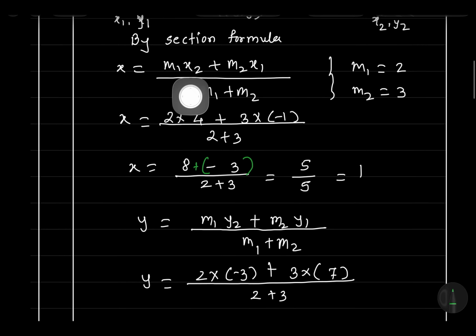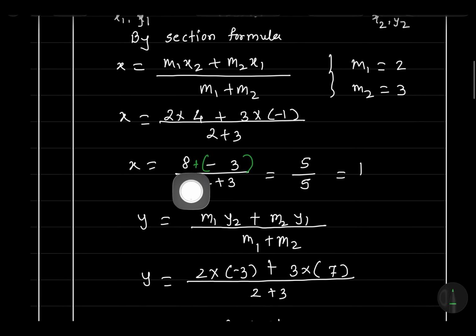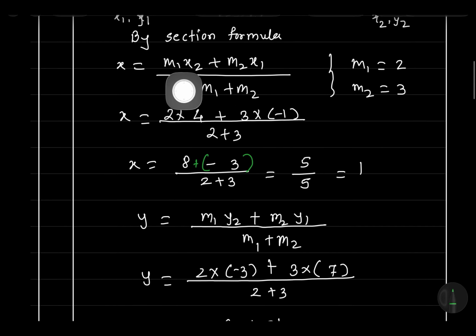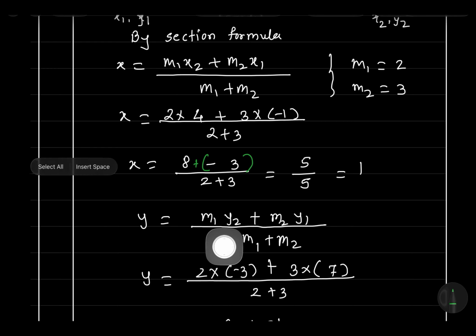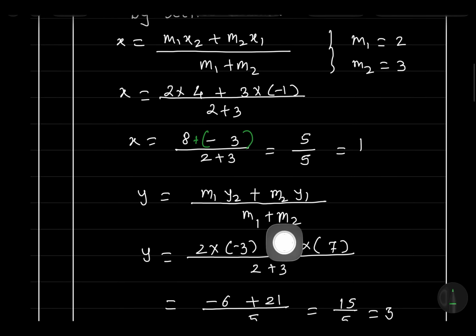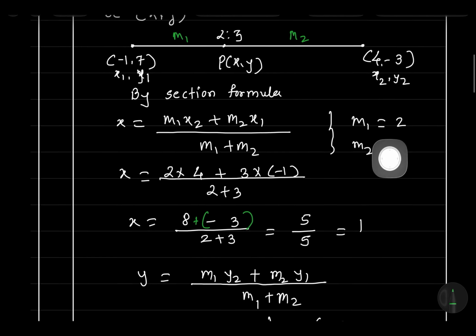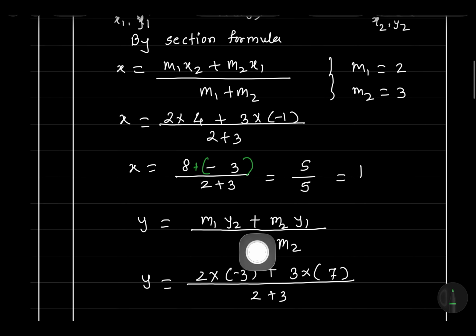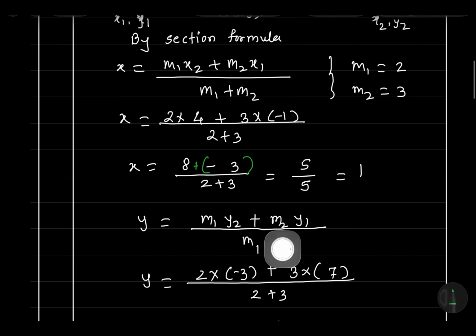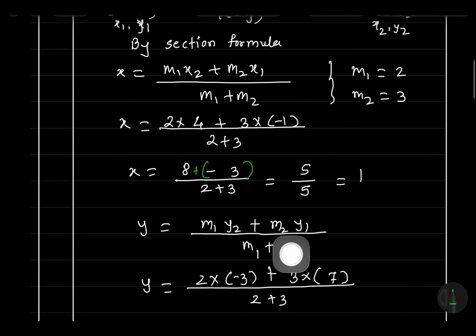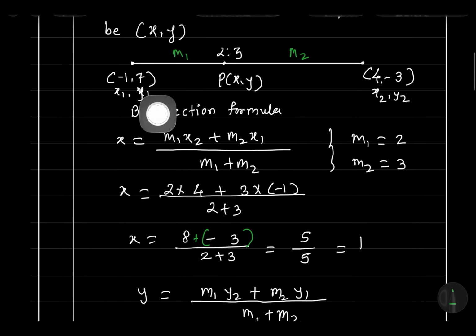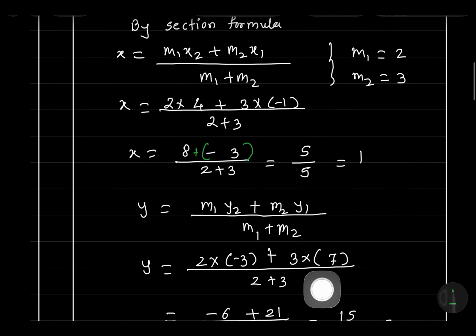Then the same way we have to find y. Here we were finding x, now y we have to find. So y equals (m1 y2 plus m2 y1) upon (m1 plus m2). m1 is 2 into y2, which is -3, plus m2 which is 3 into y1, and y1 is 7.